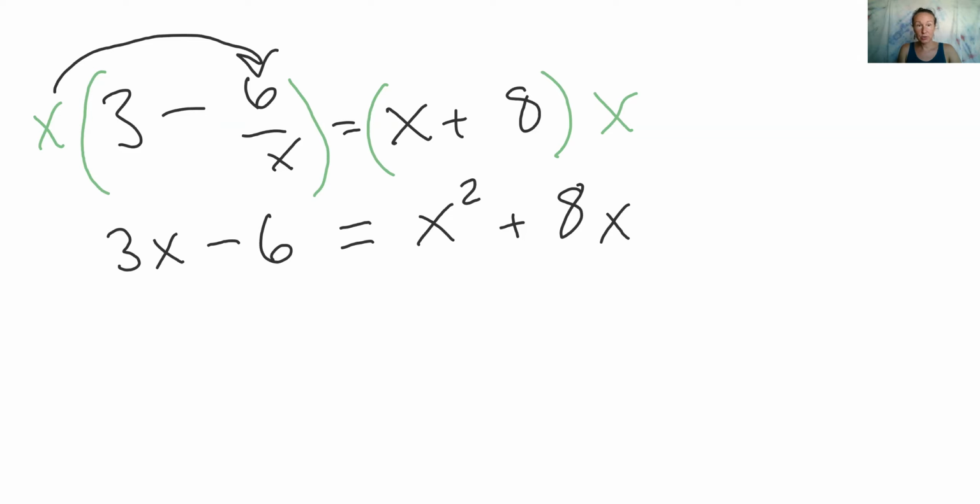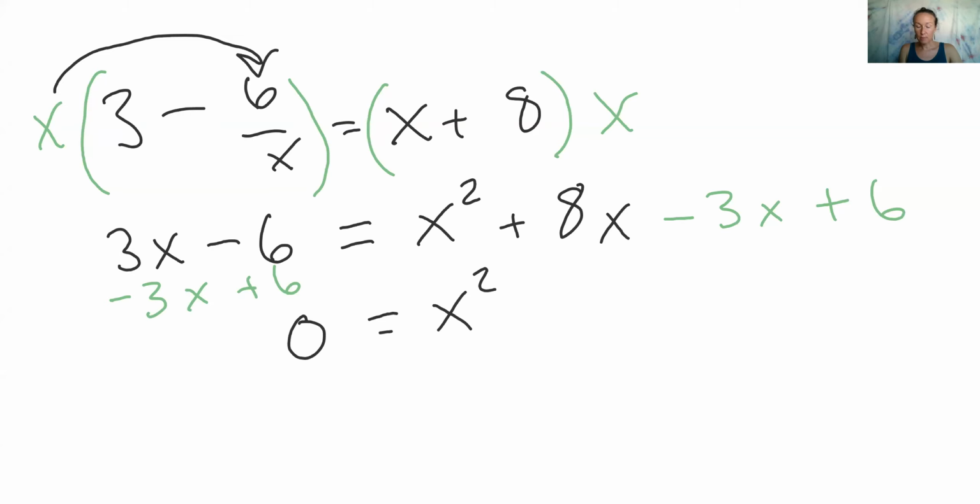So if I want to get this equation set equal to 0, I'm going to have to subtract 3x and add 6 to both sides. Okay. That's going to give us a 0 on the left-hand side. And on the right, we're going to have x squared plus 5x plus 6. Okay.